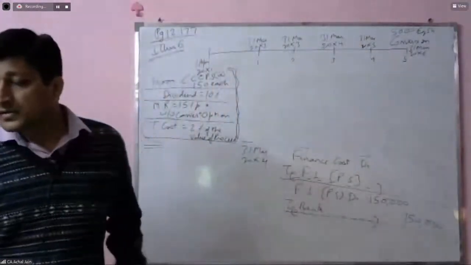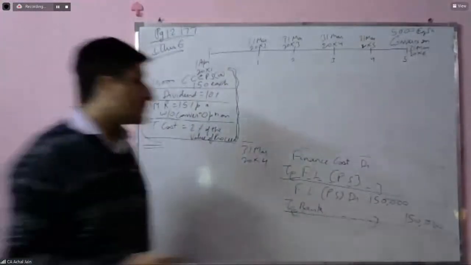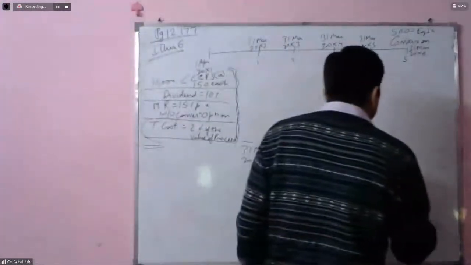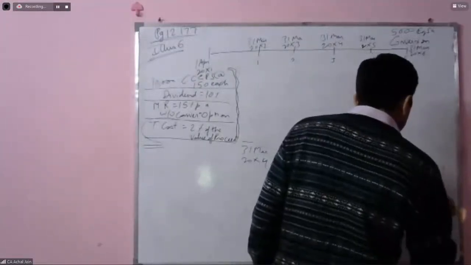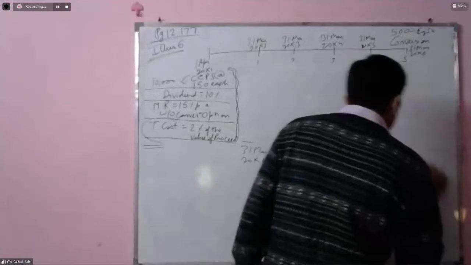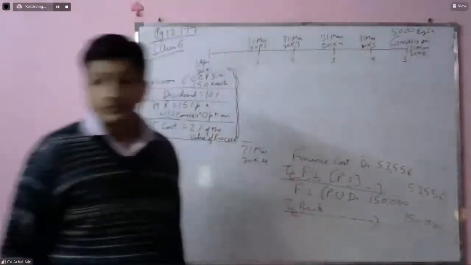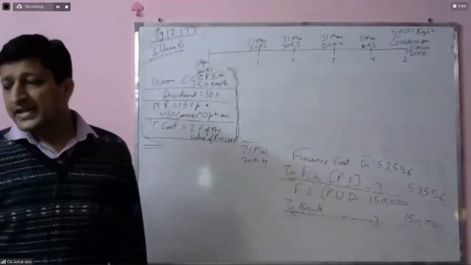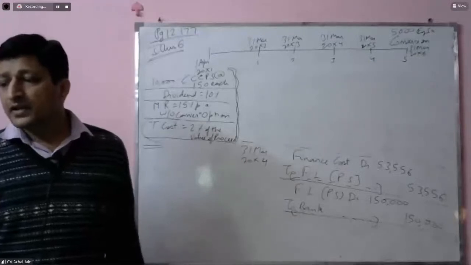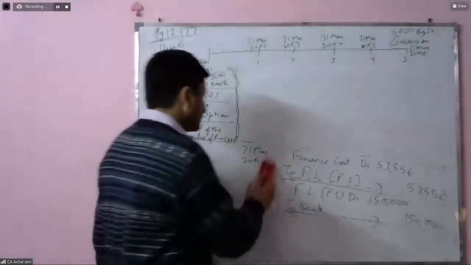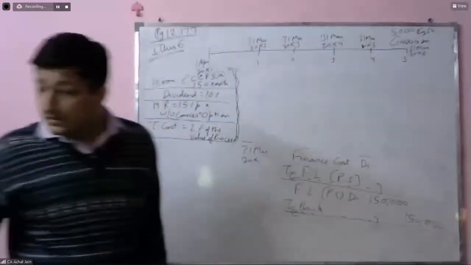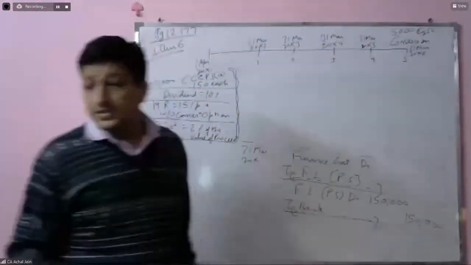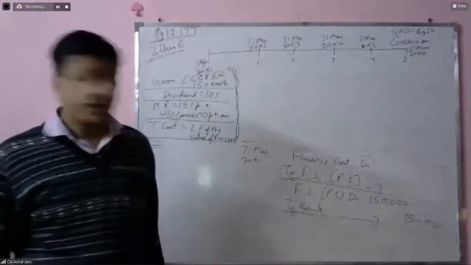So now the interest amount is 53,556. Then once again, next year, the same set of accounting entries will be passed, but the amount once again will be different. So this is 38,260.